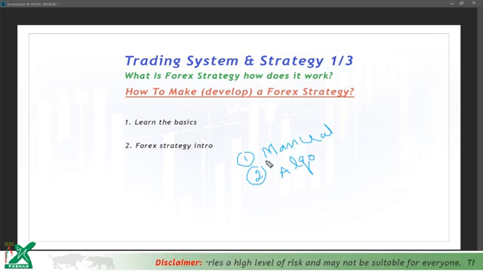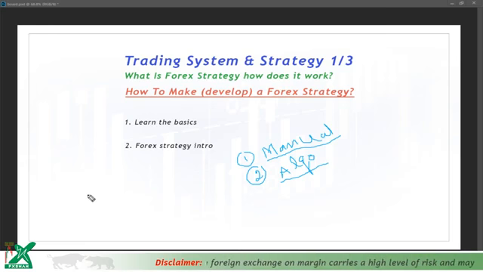So you can define, develop, or make your strategy based on these two methods. You can develop your strategy for manual trading or your algo trading, right? And based on that, you generate signals to go in a buy direction or a sell direction, right?